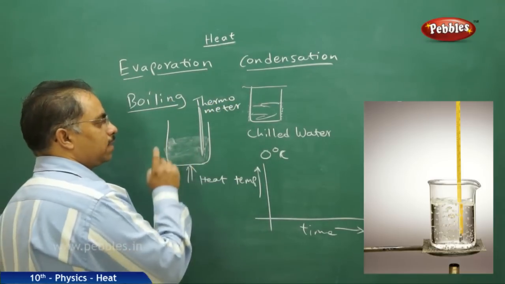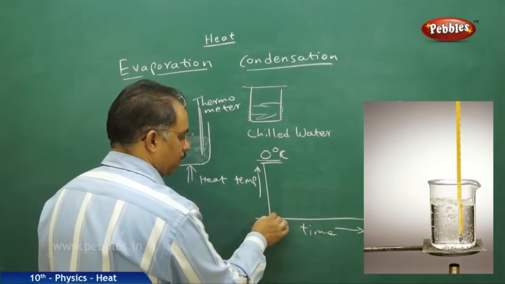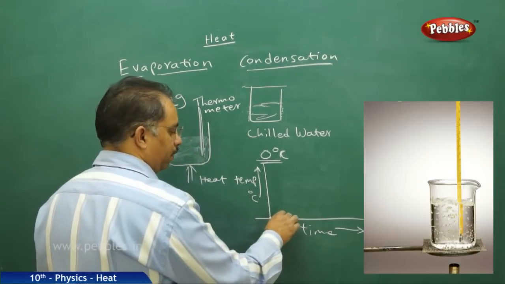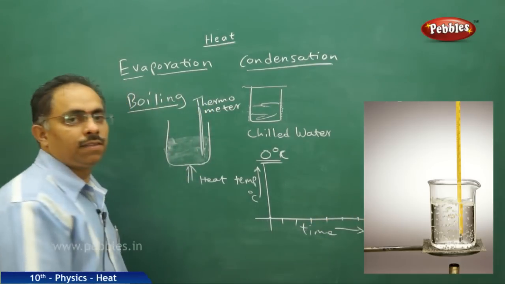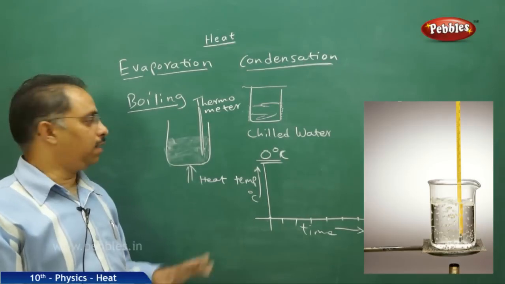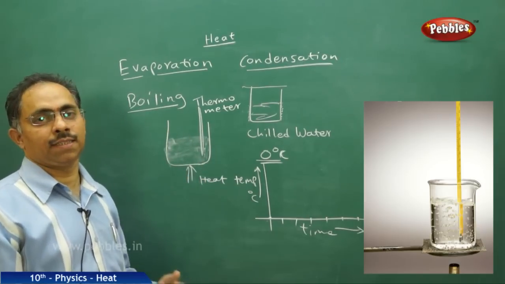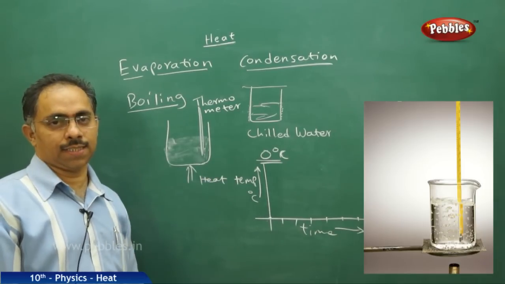Initially, the water is at 0 degrees Celsius. This is the temperature here in degrees Celsius. And for every 5 minutes or 2 minutes periodically, you heat it. You will observe first that all the traces of ice, whatever is present, will completely convert to water at 0 degrees Celsius.